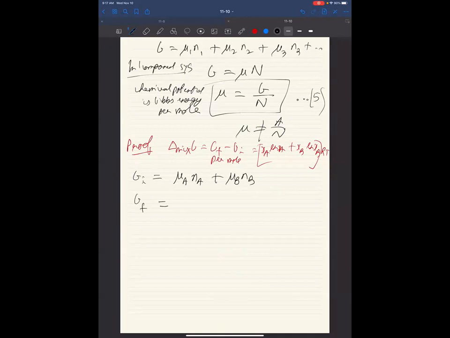Did that change? The same number, right? N_A plus N_B, and we still have some chemical potential, mu_A plus mu_B. If you look at this, then they are the same, so clearly something has to change. What has to change? The chemical potential has to change, because N_A and N_B are the same. So this over here is going to be mu_A initial and mu_B initial, and this is going to be mu_A final and mu_B final.